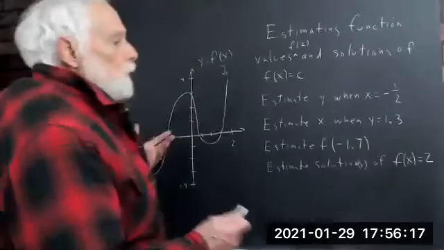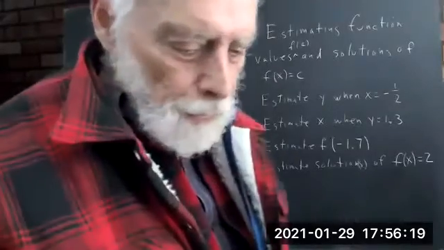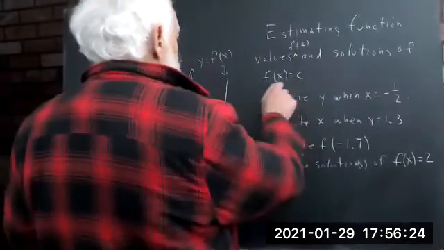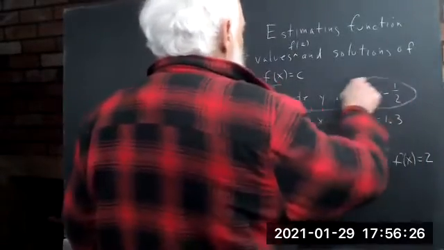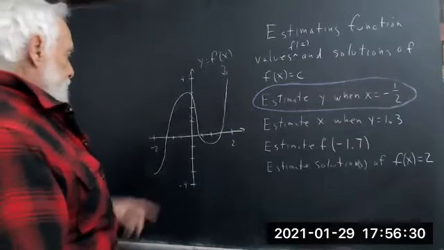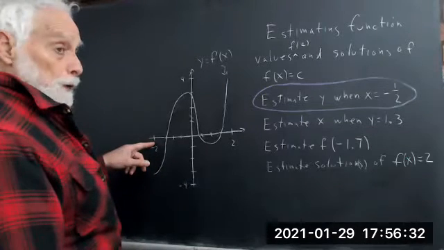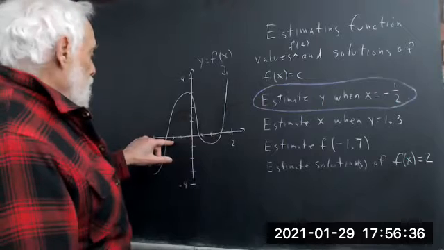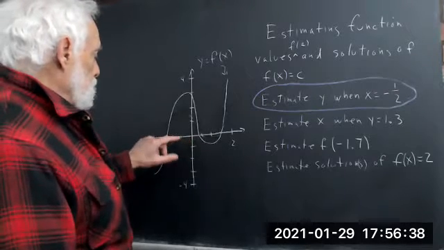So when x equals -1/2, what does it mean for x to equal -1/2? I'm going to do this in purple. X is -2 here, which means that halfway between -2 and 0 is -1, and halfway between -1 and 0 is -1/2.